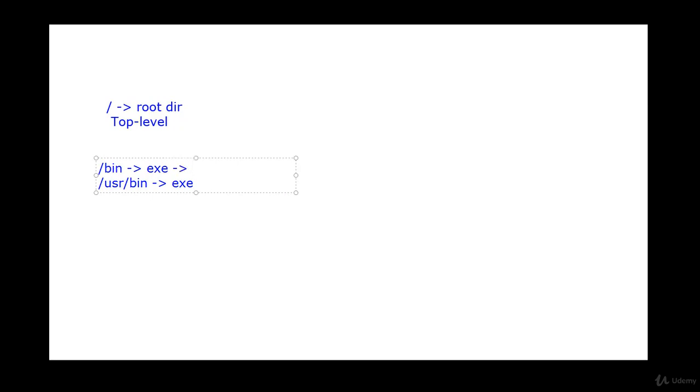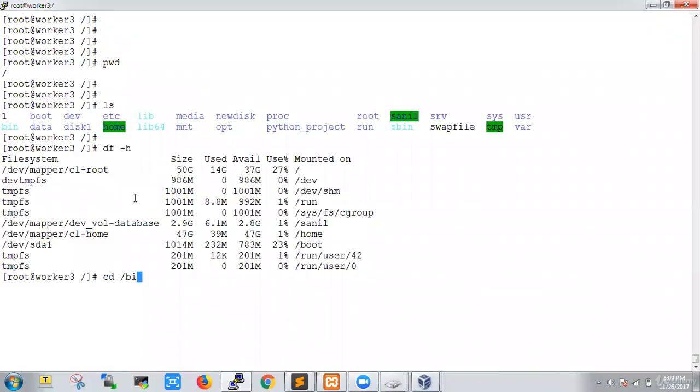the bin contains very significant commands that are required for rescue mode and maintenance, and usr bin is for the normal commands for any users. Let's move to the system and do the demonstration. We'll move into slash bin.